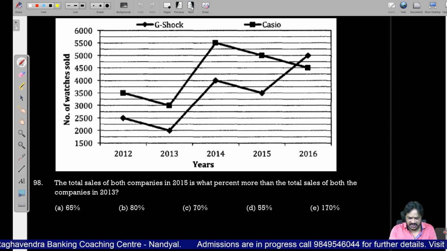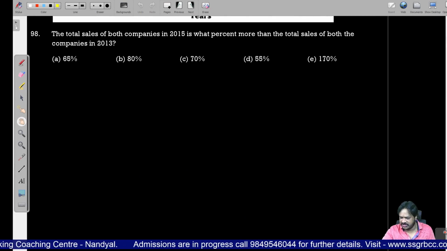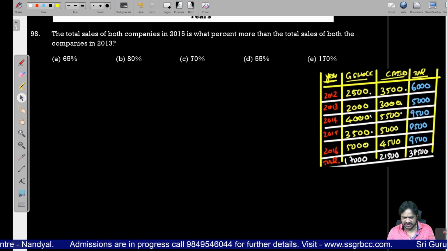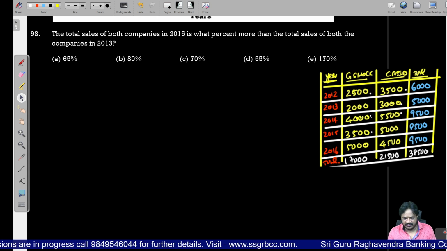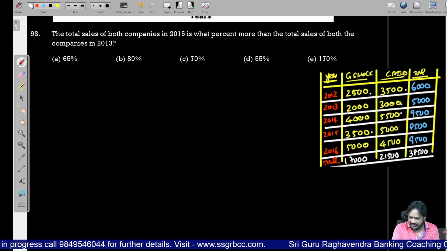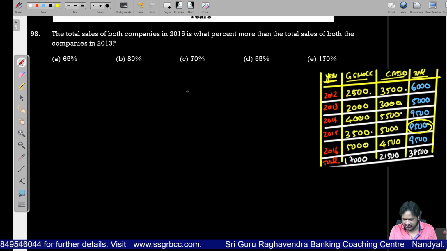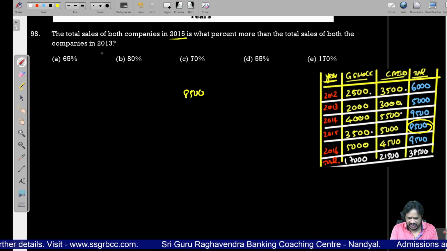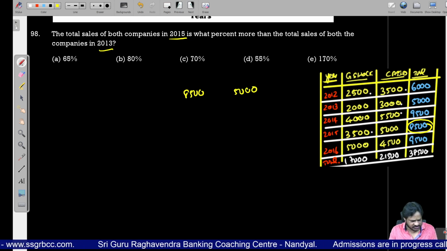Let us see the next one. The total sales of both companies in 2015 is what percent more than total sales of both companies in 2013? 2015 total sales is 8,500. 2013 total sales is 5,000.